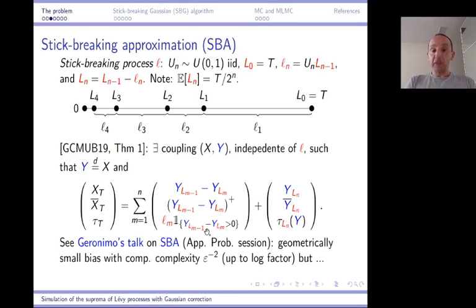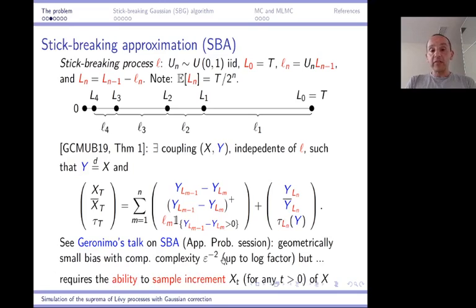Geronimo is going to give a talk on this in the applied probability session. If you need information about this triplet, that's the only geometrically decaying algorithm that does that for you, and consequently its computational complexity is optimal up to log factors.